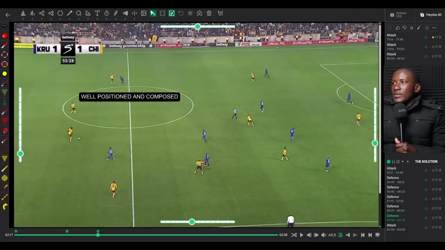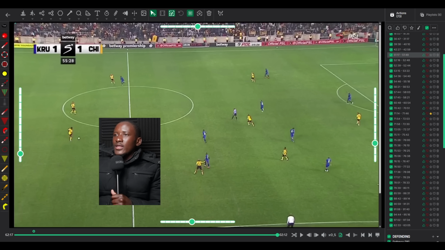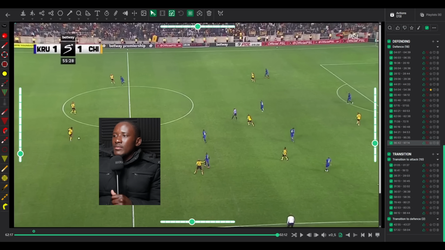So that was Chiefs. By the way, let me show you something. This thing, these are the clips. These are all the clips that I could have used. Let me remove my camera here. You see here, these are all the clips from this game that I used. Some of them at transition. I didn't even go to transition to attack and transition into defense.